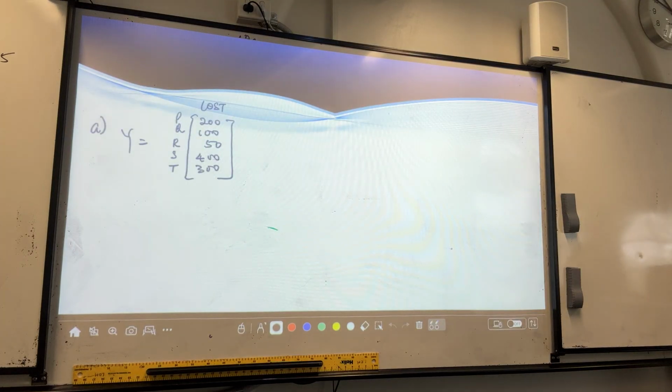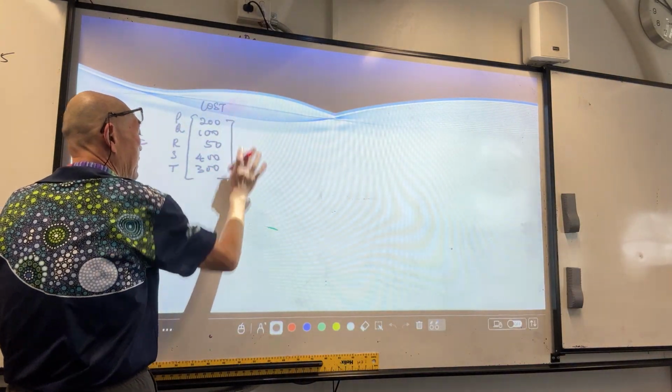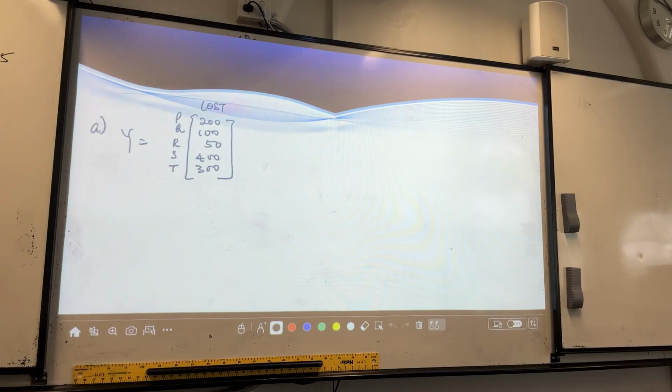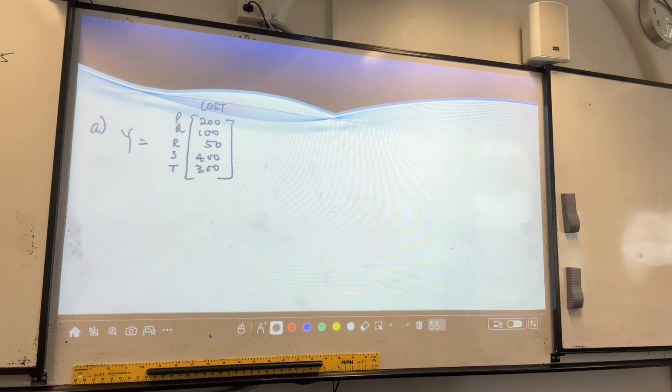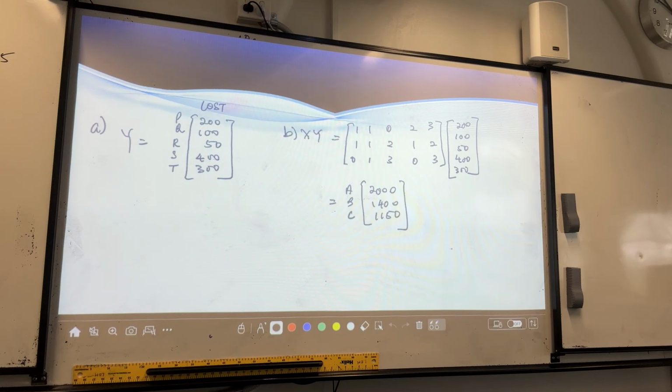You can put in the cost with a dollar sign here, or it really doesn't matter because we want it to be in the end product. So we know that we've got a matrix, and then you can use your calculator, or if you like, do it manually, to multiply X by Y. Post-multiply X by Y, and then you know that this is the cost of producing unit A, unit B, and unit C, using all the numbers.